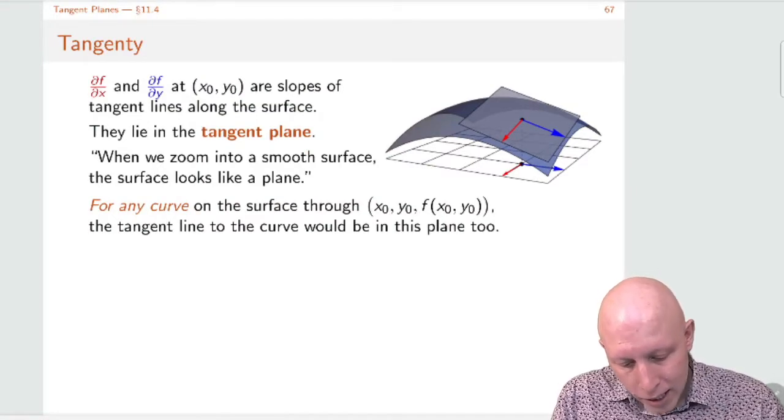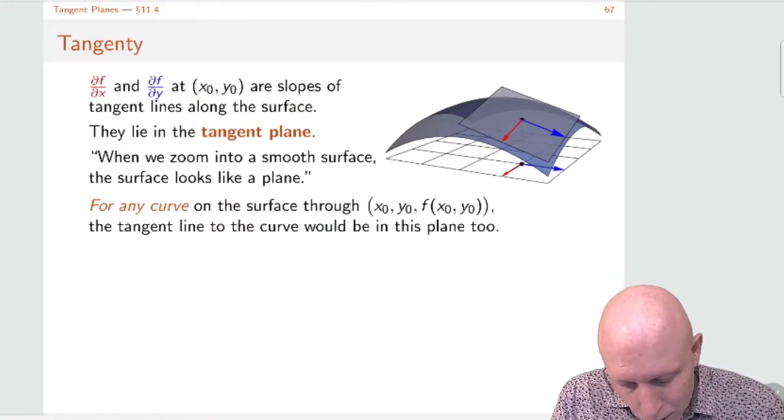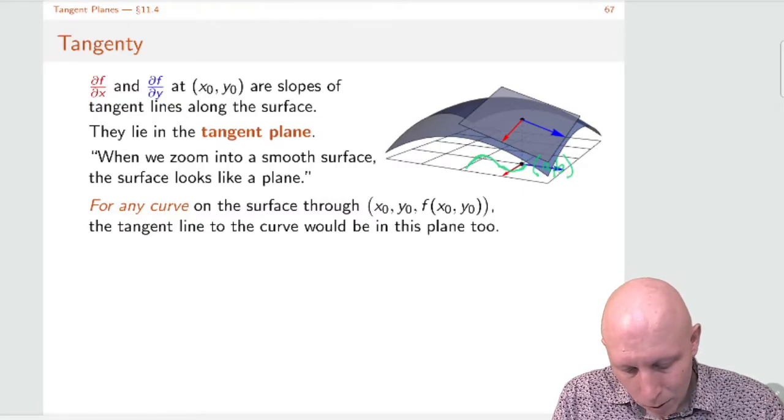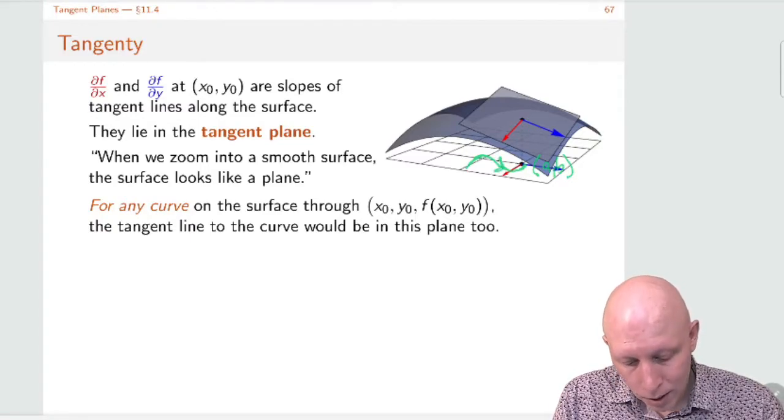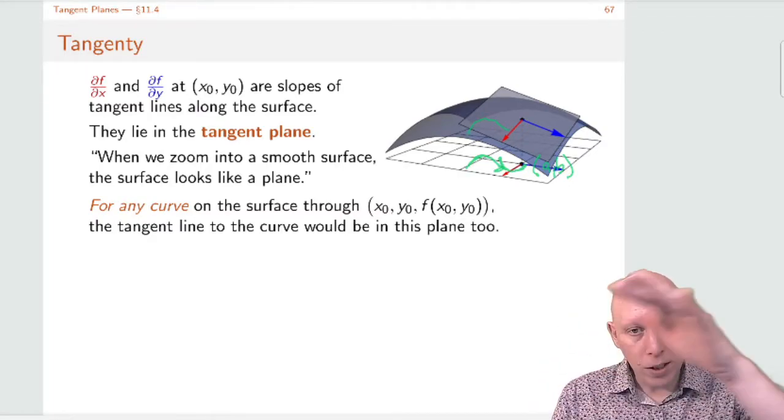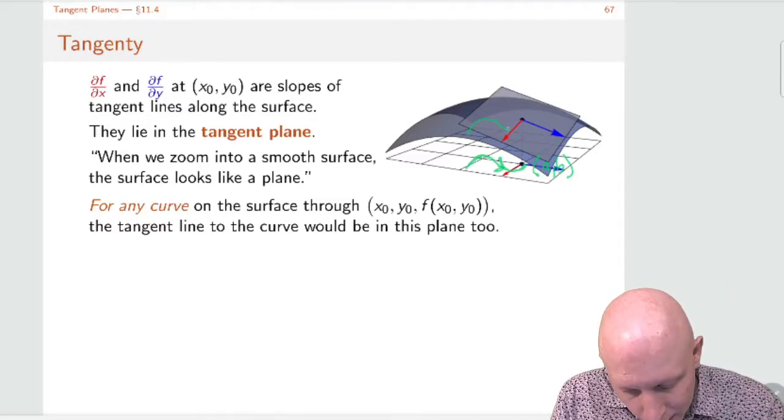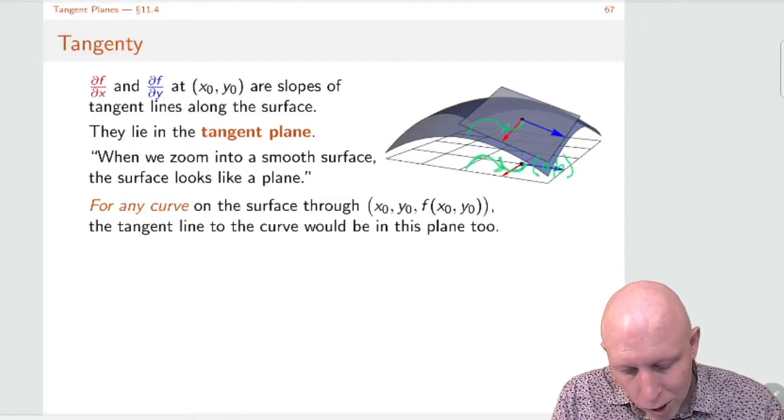But not only that, let's say we chose some other curve here to approach our point. Right, so remember this is the point AB, and what we're doing is maybe we came along a curve to approach AB. Well, on the curved surface here, this green curve would translate into being a green curve on the surface.